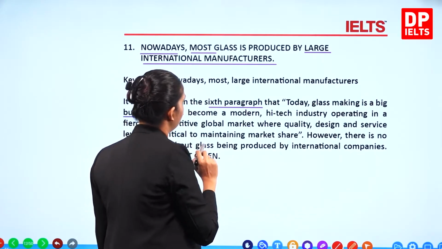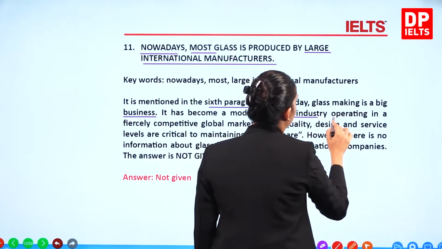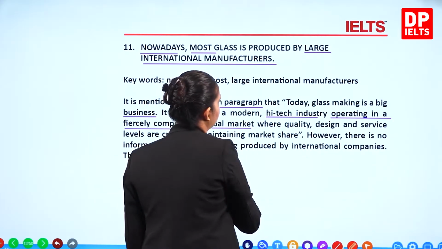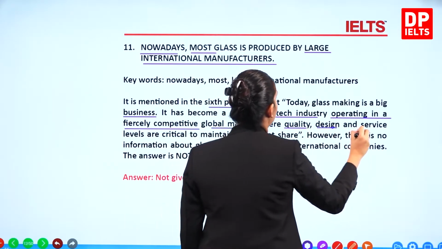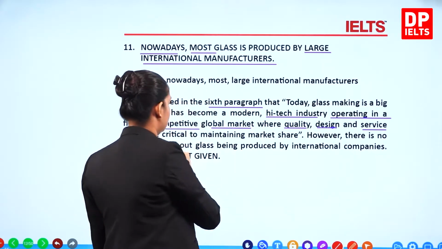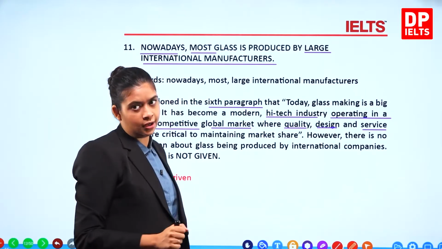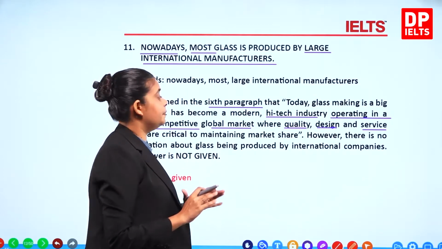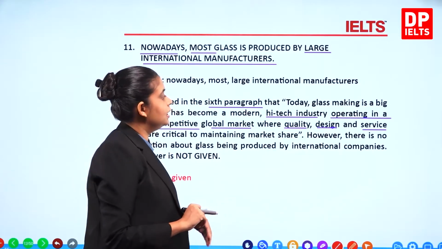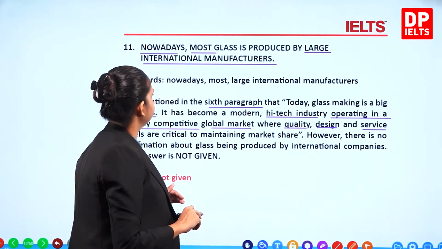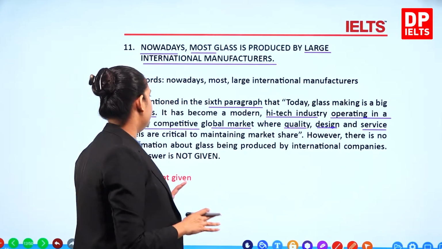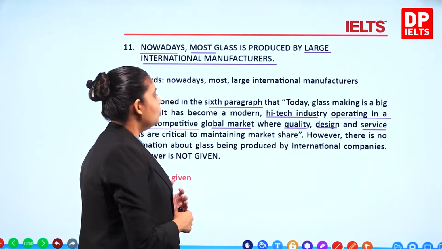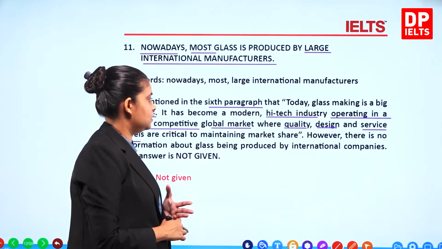It has become a modern high-tech industry operating in a fiercely competitive global market where quality, design and service levels are critical to maintaining market share. So yes, they say that glass making is a big business today, right? It's a high-tech industry. And companies operating in that market are very competitive, and design, quality, service matters a lot.